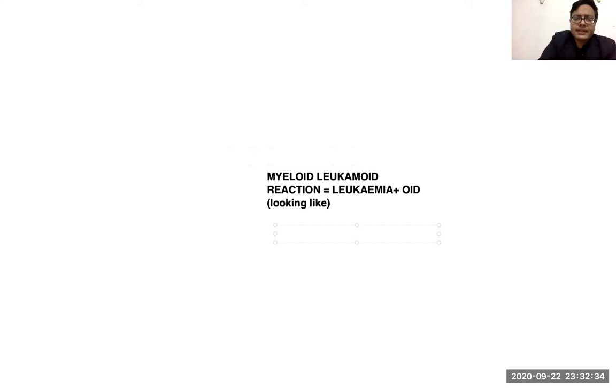And this condition is typically characterized by greater than 50,000 WBCs per microliter, leukocytosis. Normally, WBC count is 4,000 to 11,000. That is the normal. This condition is characterized by very significant, very high leukocytosis, more than 50,000.